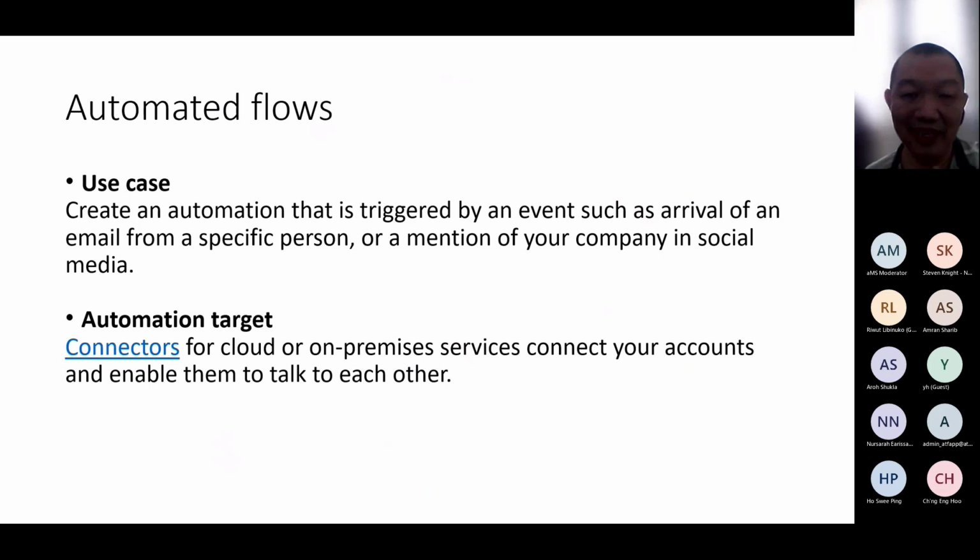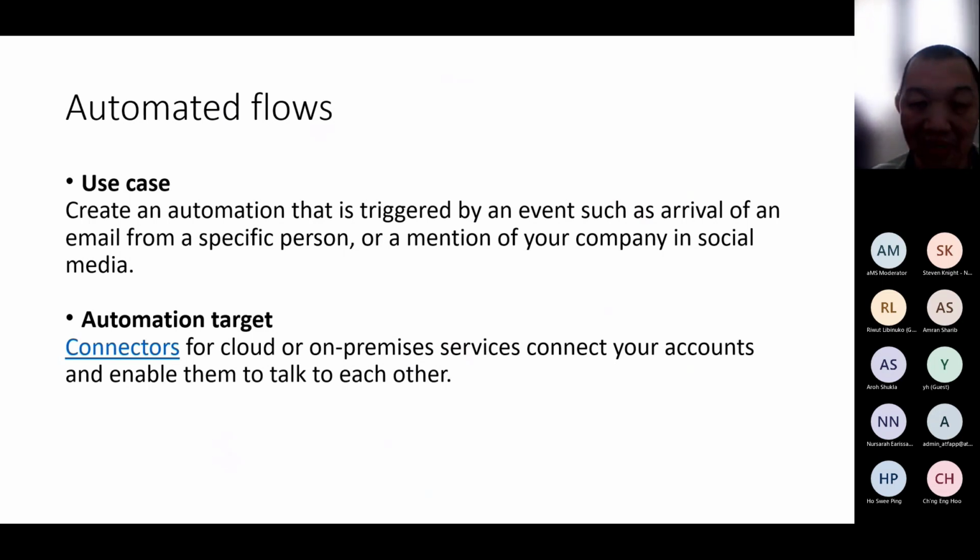When you say automatic, automatic meaning that there must be a trigger, right? This is a key. Every Power Automate flow, you must have a trigger. This is the keyword, trigger, how you want to start the flow, right?